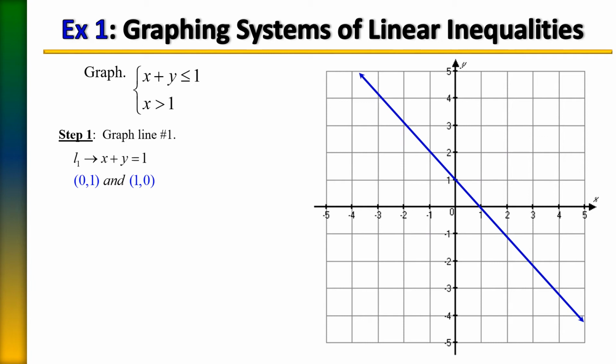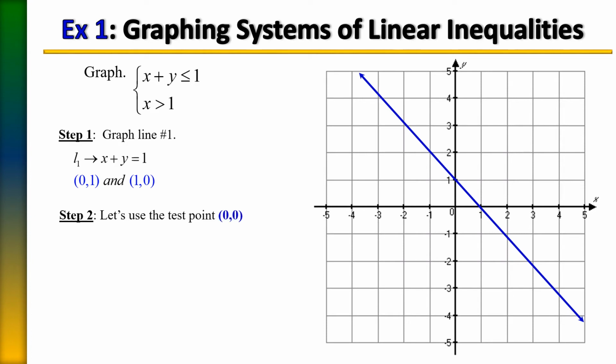We can use our test point of 0, 0 and see if we're going to shade the region to the left of the line or the region to the right, or what we call the bottom region or the top region. So let's go ahead and plug in 0, 0 as our test point.